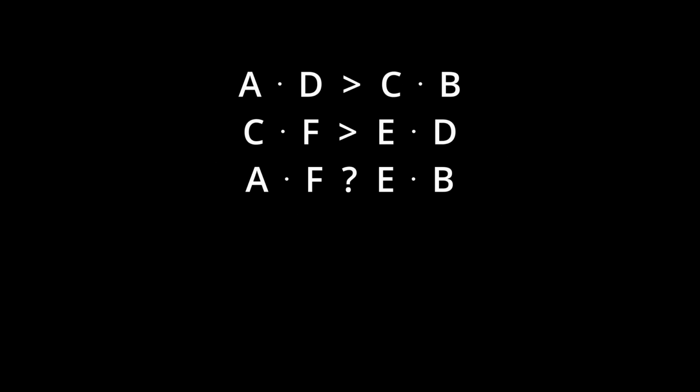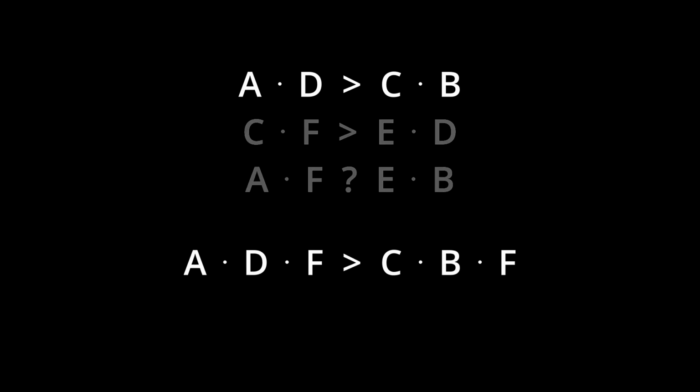Since A times D is more than C times B, I can say that A times D times F is more than C times B times F, and that these numbers are equal to A times F times D and C times F times B, respectively.